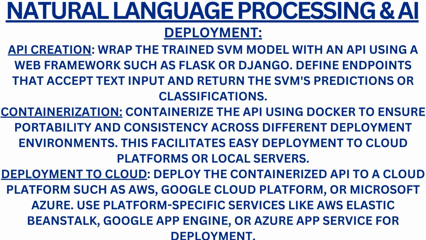This facilitates easy deployment to cloud platforms or local servers. Deployment to cloud. Deploy the containerized API to a cloud platform such as AWS, Google Cloud Platform, or Microsoft Azure. Use platform-specific services like AWS Elastic Beanstalk, Google App Engine, or Azure App Service for deployment.